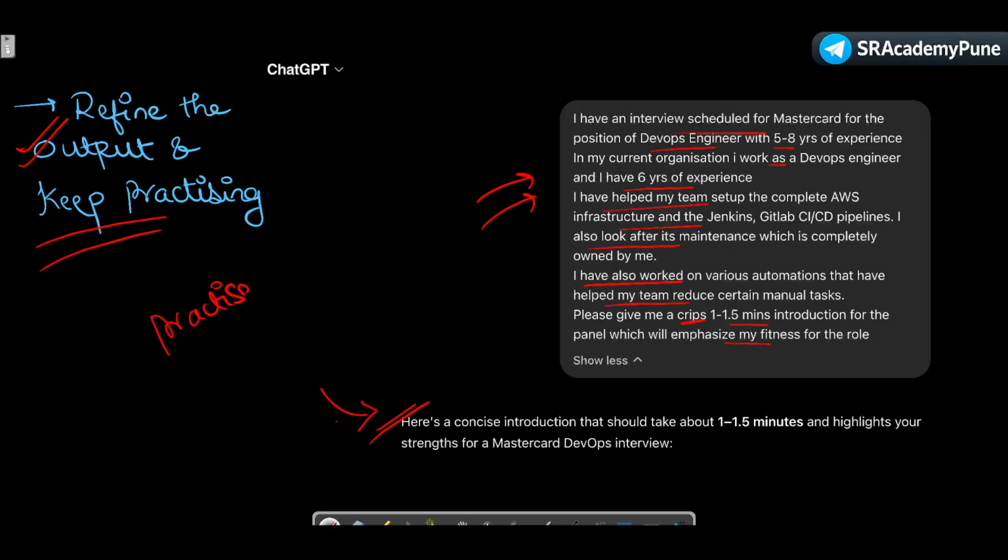If you just look at it, then when the panel asks you to introduce yourself, you will forget. So take the output, if possible write it down somewhere, and practice again and again until you know it by heart.